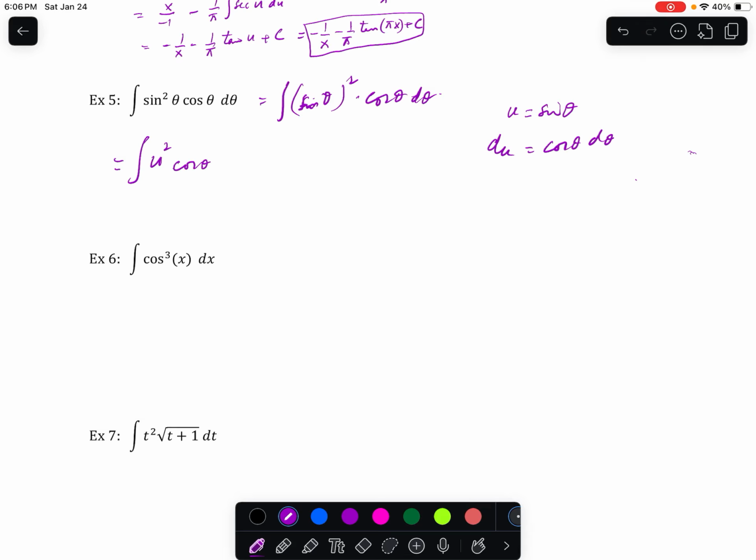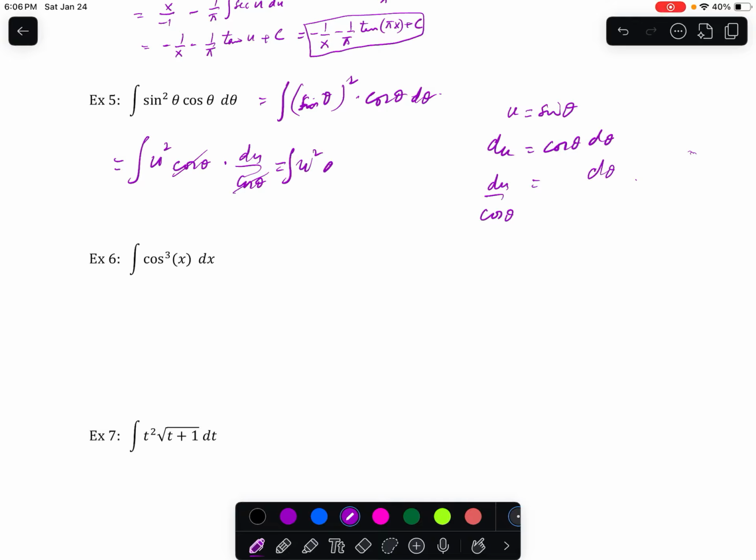Okay, I have to get my d theta from here. So I get times du over cosine theta. Now cosine theta and cosine theta cancel out, and we are left with the integral of u square du.